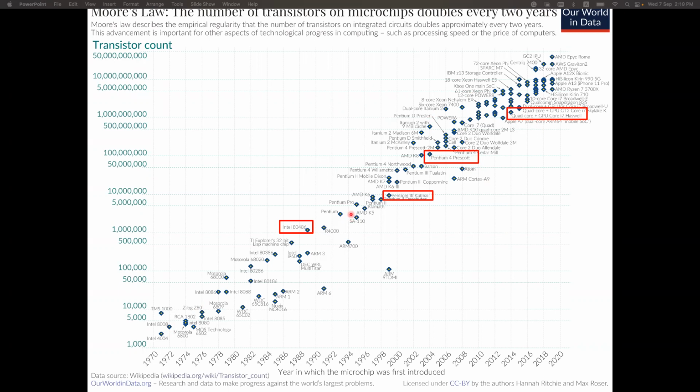Now, it doubles every 2 years. Transistor count doubles every 2 years. That's the big trend, major trend. So when you have more transistors, you can do more functions.